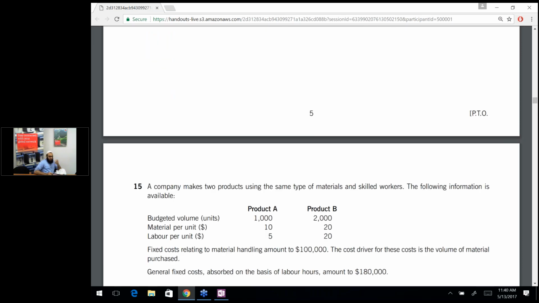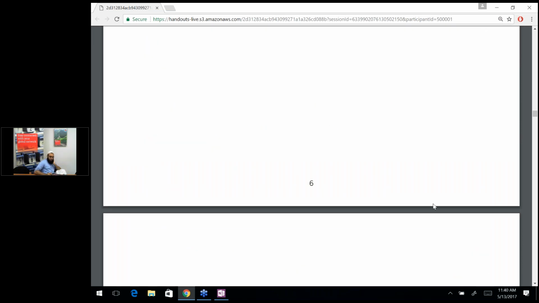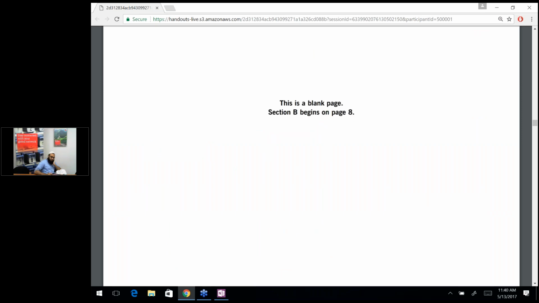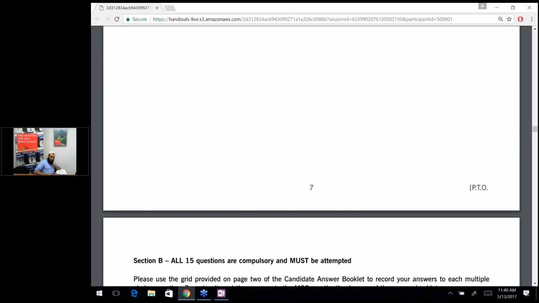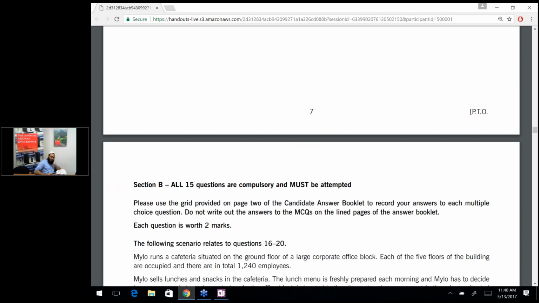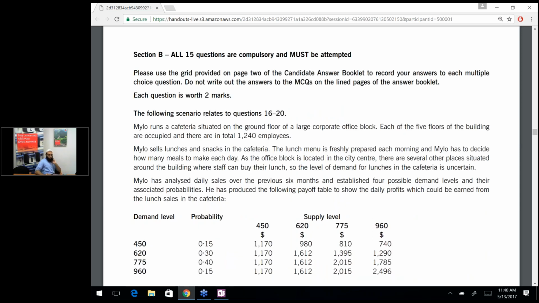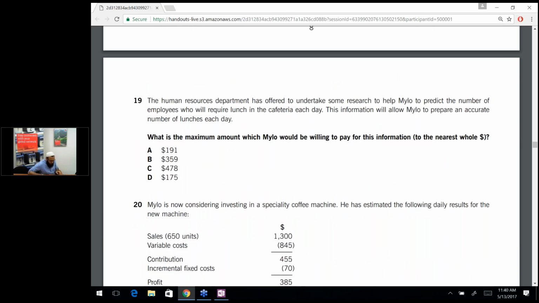And now, as we are left with just 20 more minutes, let's once again discuss section B, scenario based MCQs, because we have done practice of the long questions.